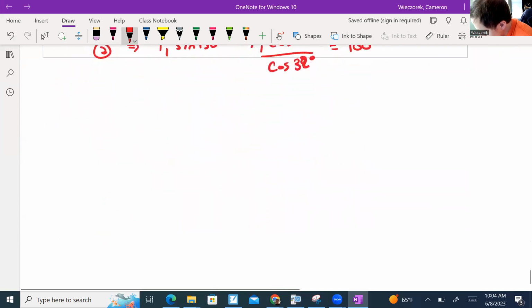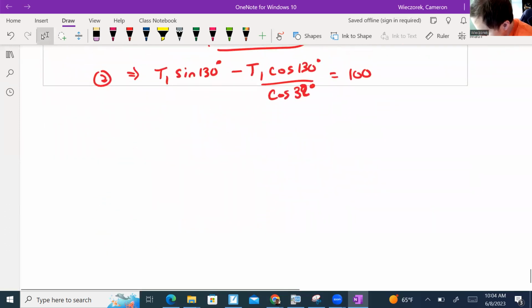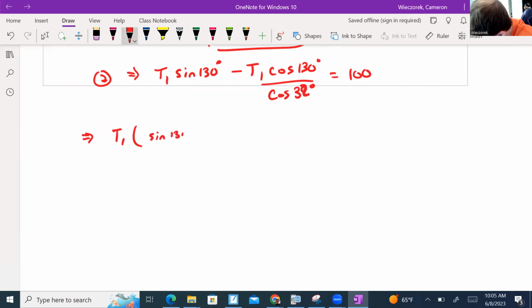And we can factor out a T1 here. So we get T1 times sine 130 minus cosine 130 over cosine 32 equals 100.